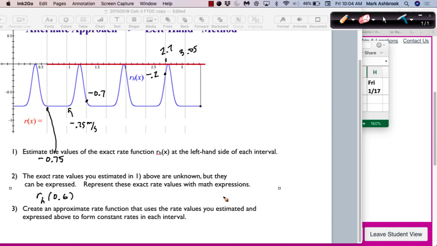That negative 0.2 is an estimate of what exact value? How would I express that estimate? R sub h of 2.7. The value of the function at the left side of the interval.